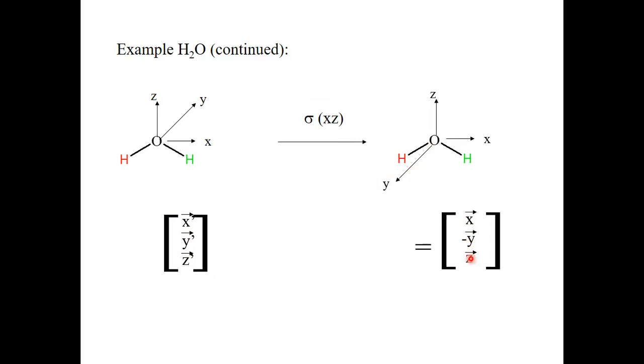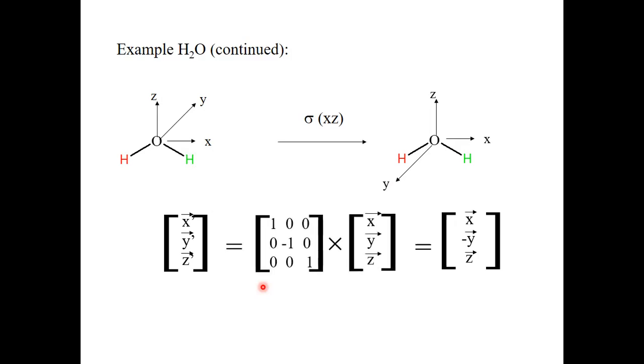Okay, so now again, we need to find the matrix that, when multiplied with the original coordinates, gives correctly the new coordinates. In this case, this is the matrix 1, 0, 0, 0, -1, 0, and 0, 0, 1. You could again apply the multiplication rules for matrices to check that this is true. Maybe we can just do this one more time as an exercise.